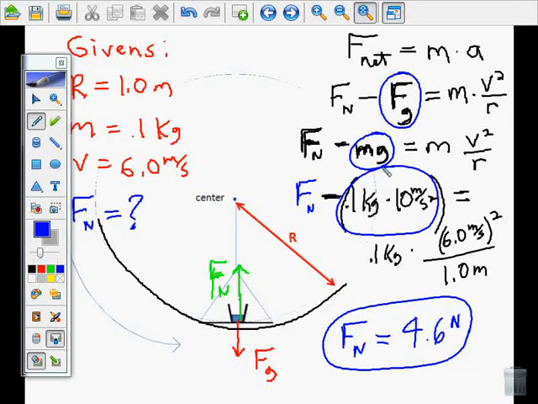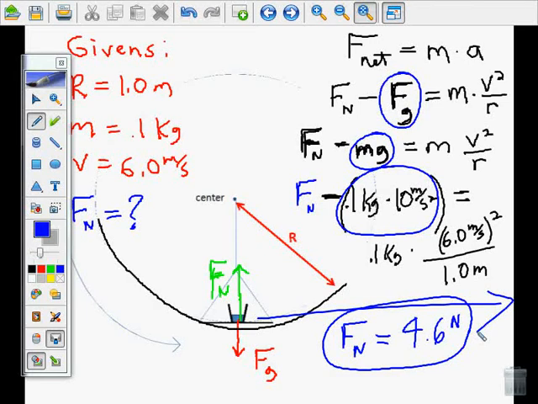So F sub g is 1 newton, but the normal force pushing up on the glass is not 1 newton. It's more than 1 newton. If the normal force pushing up on the glass was equal to the weight force, then the glass would have to be going straight like that, not going up or down vertically. But the glass doesn't continue just to go like that. The glass ends up rising up. So we know that that normal force up has to be bigger than the weight force down.